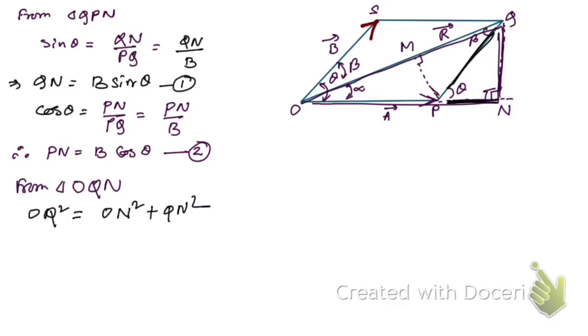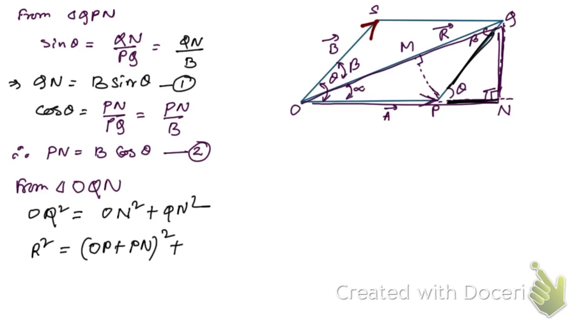Now QN represents the resultant vector, so that's why here we're going to write R square. And ON can be written as OP plus PN, as you can see from the diagram clearly. So we can replace ON by OP plus PN whole square.